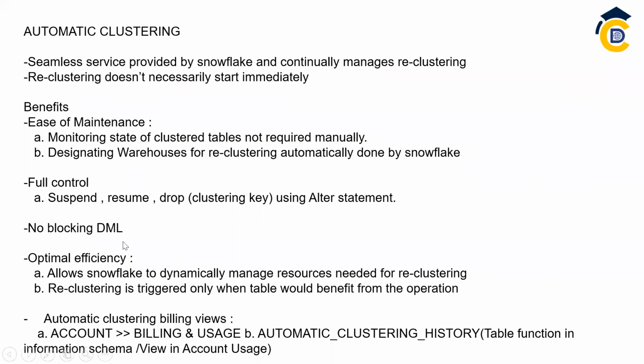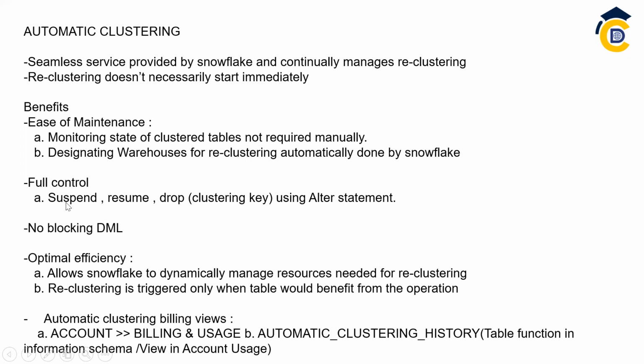One question. If we are using suspend, whatever clustering or partitioning is done already, will that go away? No. Nothing will go away. Whatever is the state up to that point of time, it will stay that way. Whenever new data comes in, the clustering will not work. For the existing data, whatever is done already, it will be there. In all three cases, suspend, resume, drop.